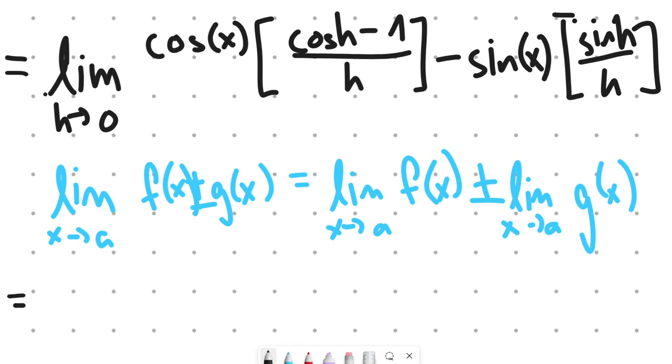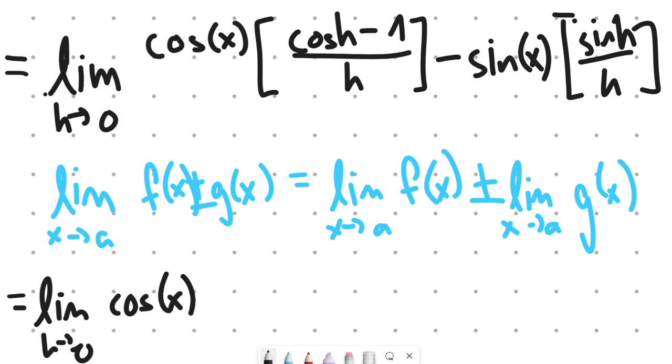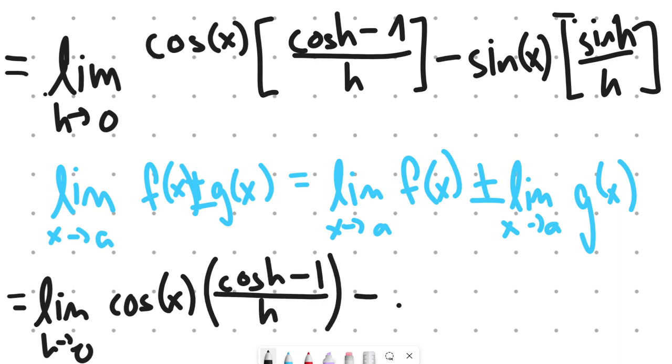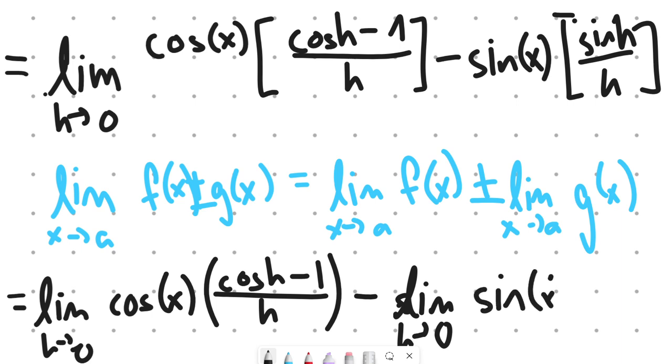So we are going to get the limit as h approaches 0 of cosine of x times cosine of h minus 1 over h, minus the limit, and we put the minus out because minus 1 is just a constant, of sine of x times sine of h over h.